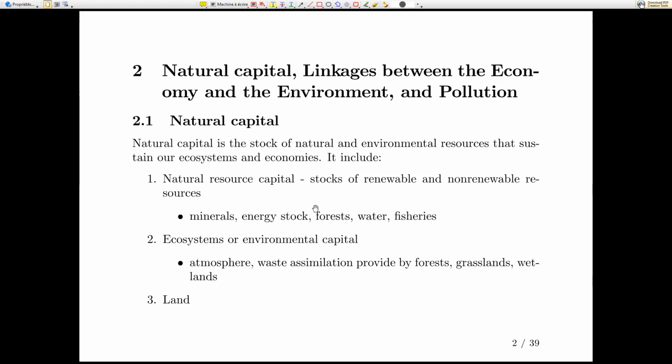Energy stock is different in the sense that if you burn it, then you don't get it back. So even though they are both non-renewable resources, they're different in the sense that this one you can recycle and that one you cannot recycle. Then renewable: forests, water, fisheries.